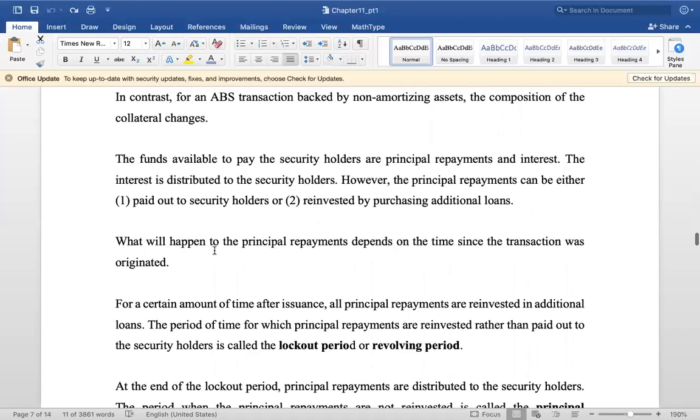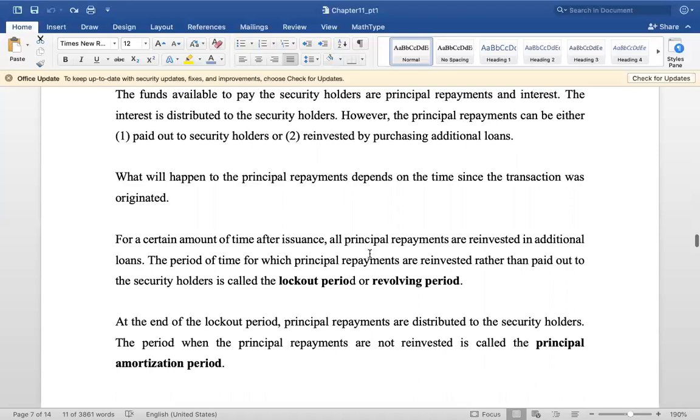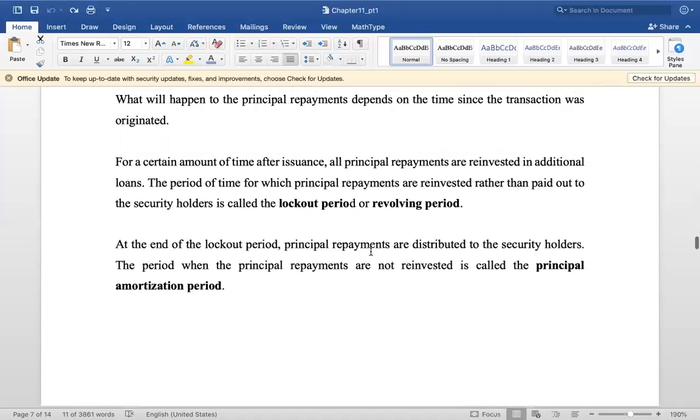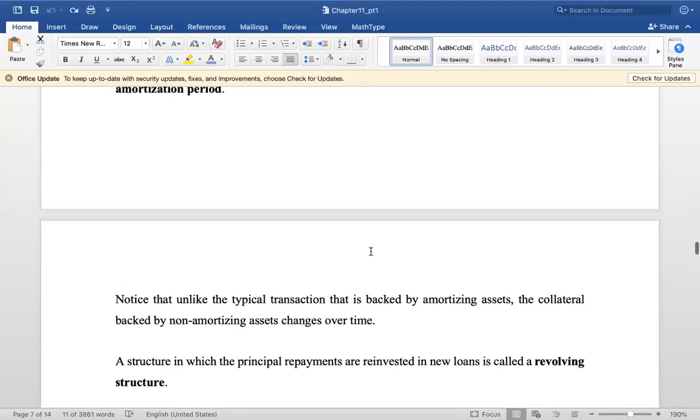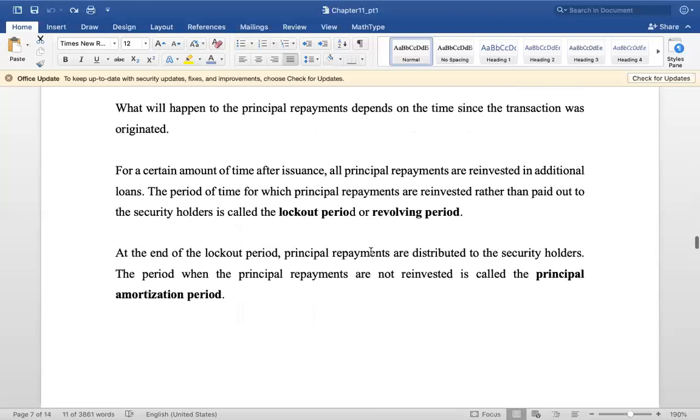What will happen to the principal repayment depends on the time since the transaction was originated. We will discuss this in detail when we discuss different categories of asset-backed securities like credit card loans.